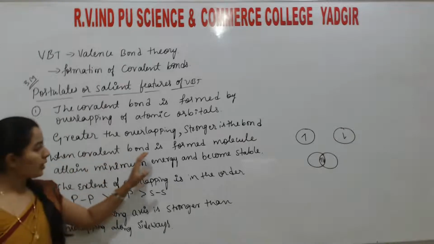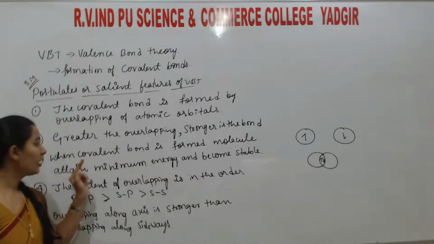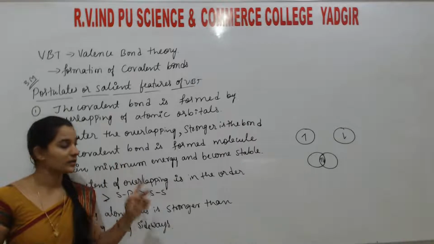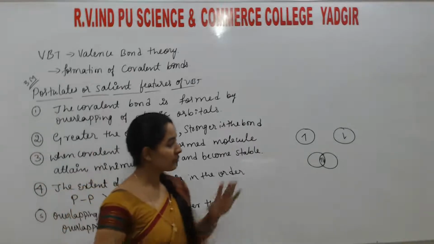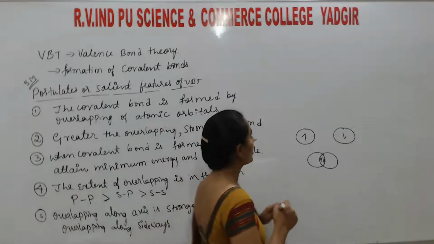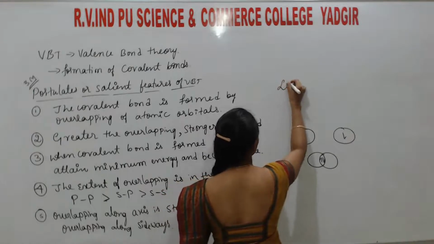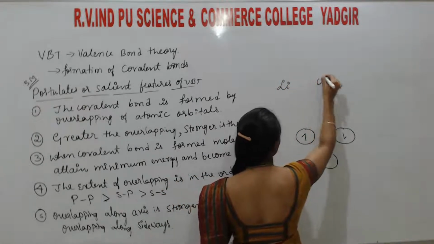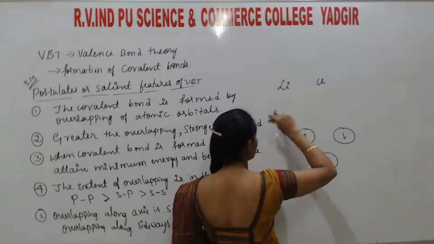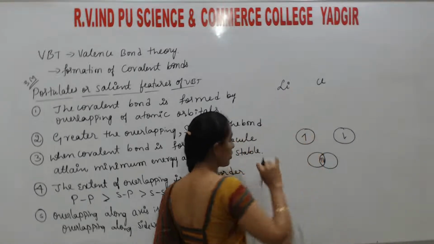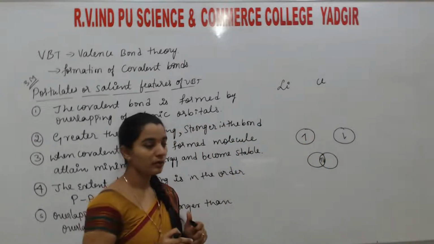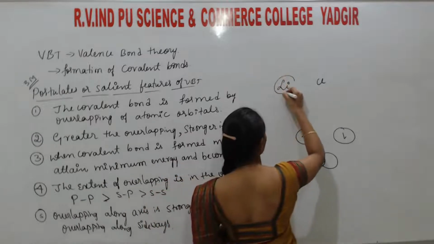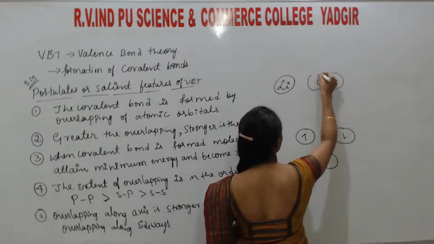Next, when a covalent bond is formed, the molecule attains minimum energy and becomes stable. For example, take lithium and Cl. Of course, a covalent bond is going to be formed. This is the s orbital, this is the p orbital.